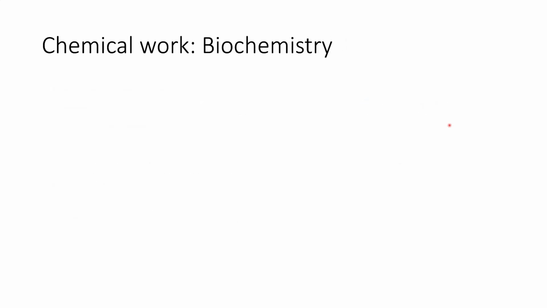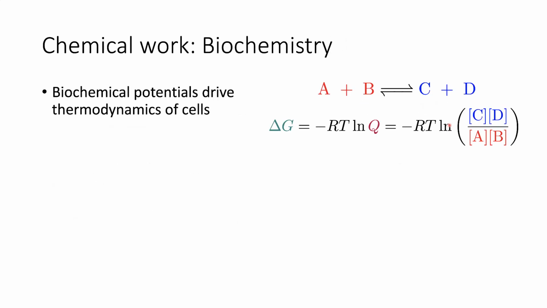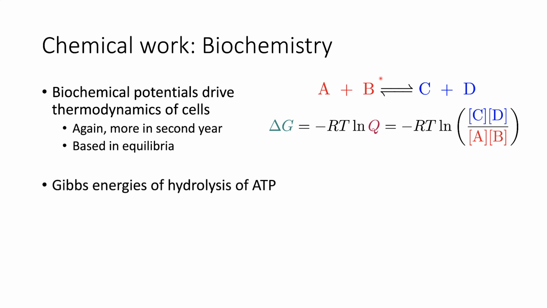If we think about what's happening in biochemistry, once again, the biochemical potentials drive the thermodynamics of cells, and they're fundamentally based in equilibrium. Again, we'll do more of this in second year, but these equilibria are crucial to biological processes. If we think about the Gibbs energies of hydrolysis of ATP, at school you may have been introduced to ATP as the energy-carrying molecule, adenosine triphosphate.